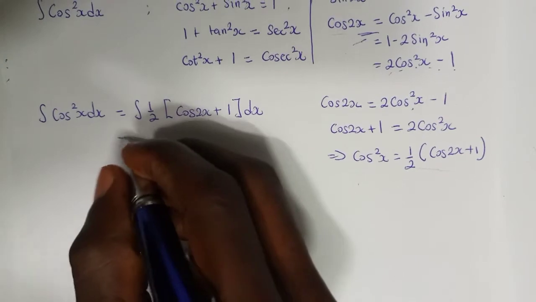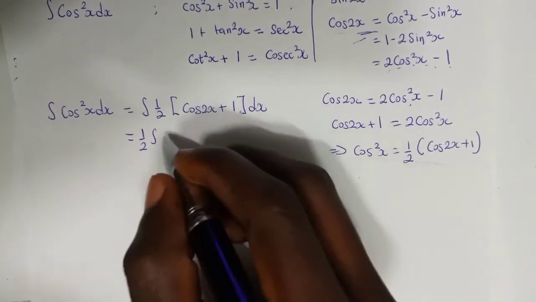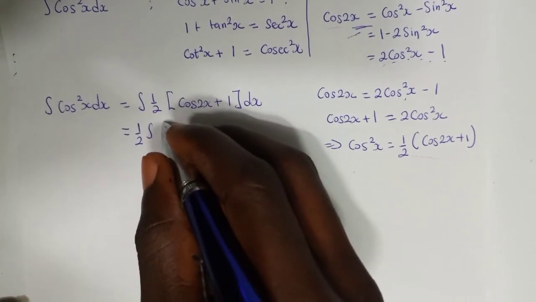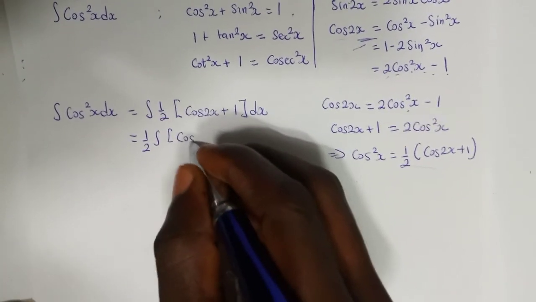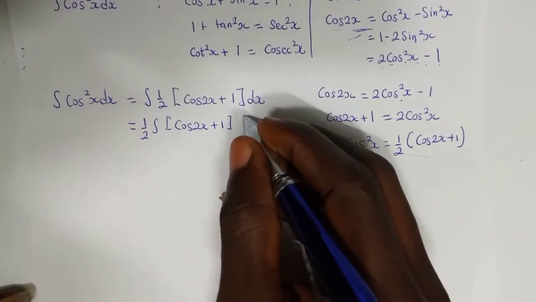Okay, so we are going to get 1 out of 2 integral of cos 2x plus 1 dx.